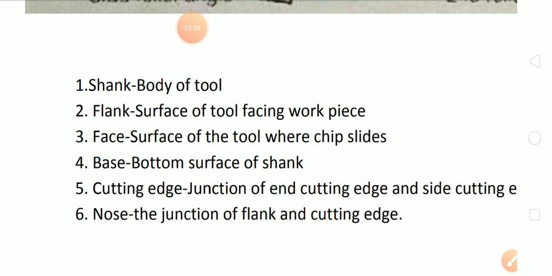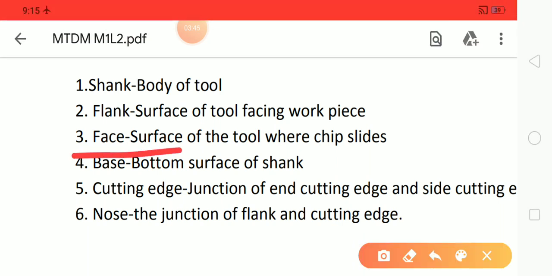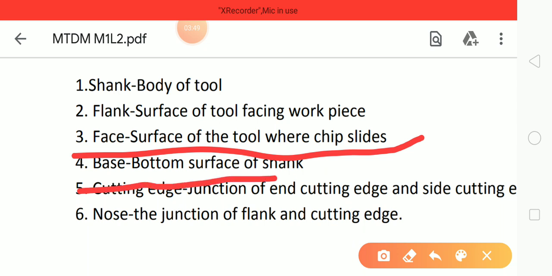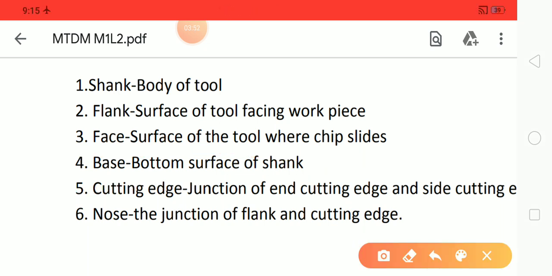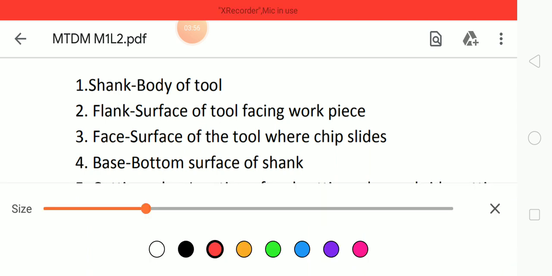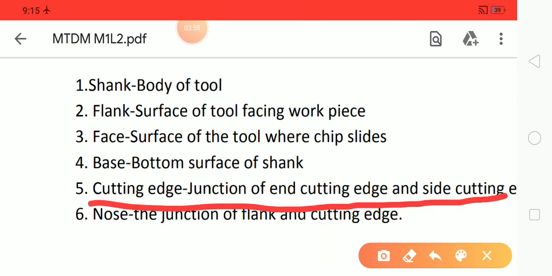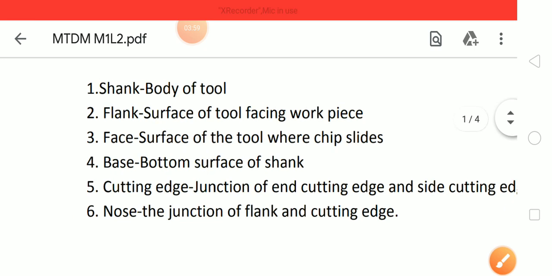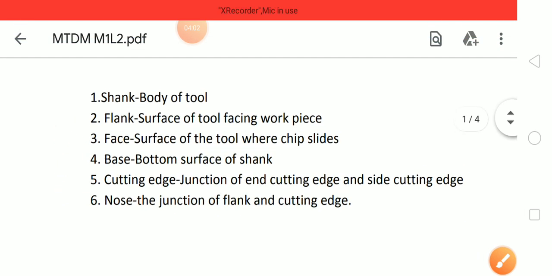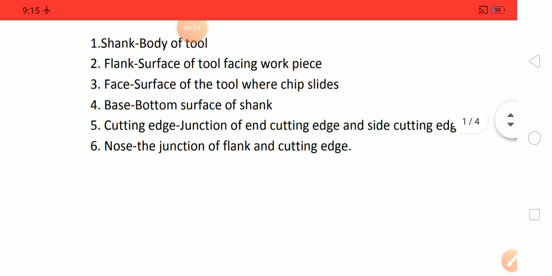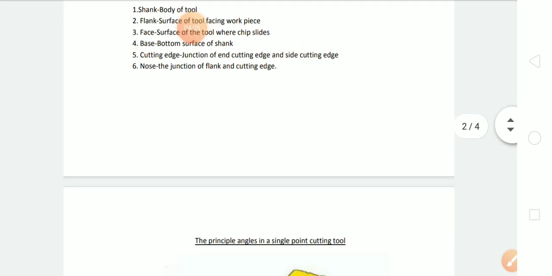Shank is the body of the tool, flank is the surface of the tool facing the workpiece, face is the surface of the tool where the chip slides, base is the bottom surface of the shank, and cutting edge is the junction of the end cutting edge and side cutting edge. And the last one, nose, is the junction of the flank and cutting edge. So these are the main names given to the parts of a single point cutting tool.